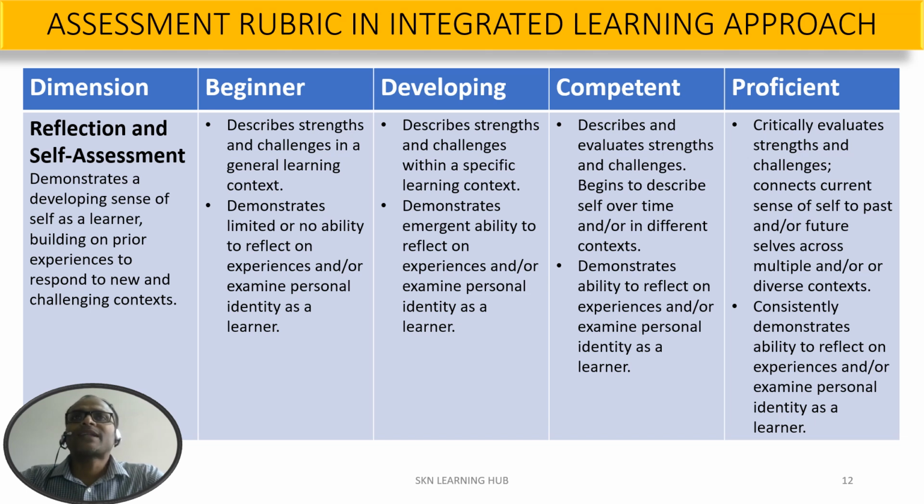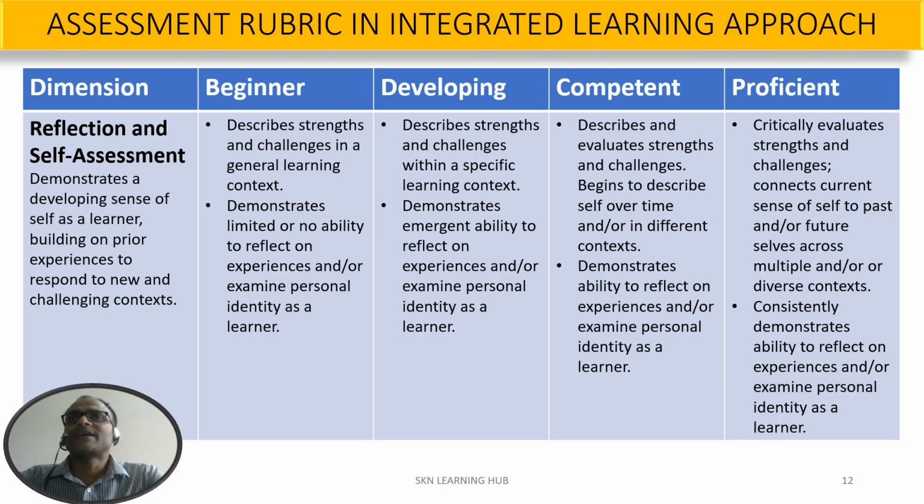Students who describe strengths and challenges within a specific learning context and demonstrate emergent ability to reflect on experiences and/or examine personal identity as a learner will be assessed as developing.